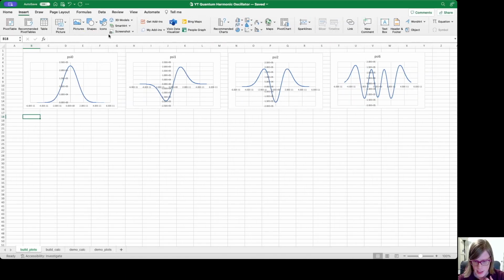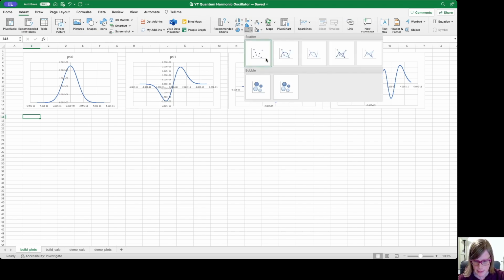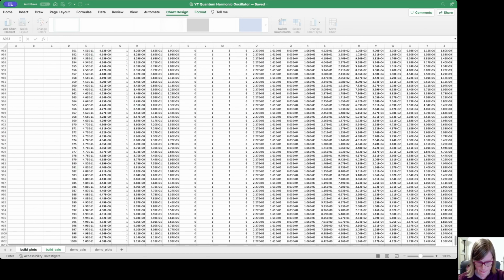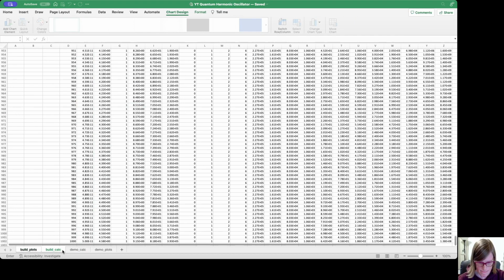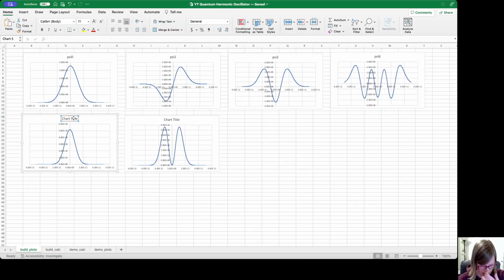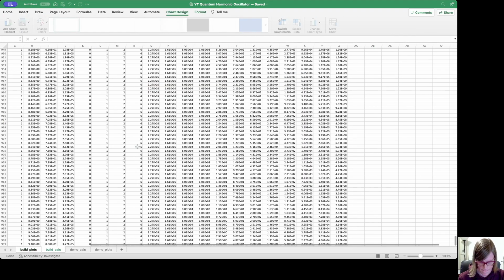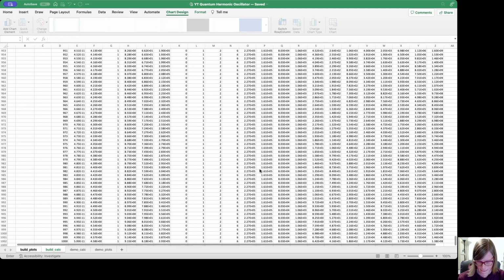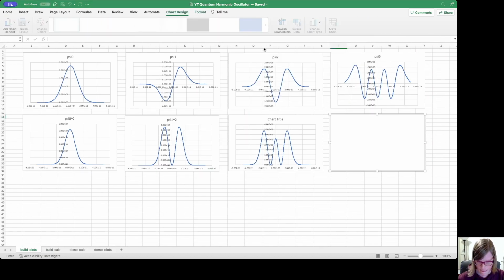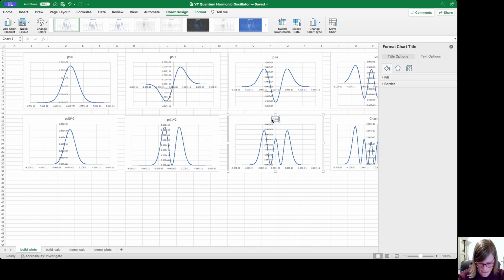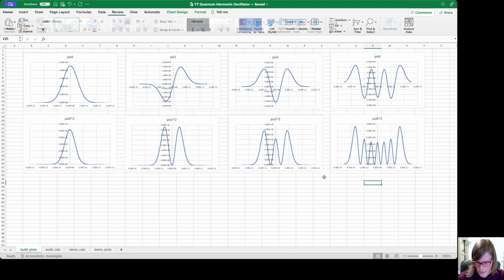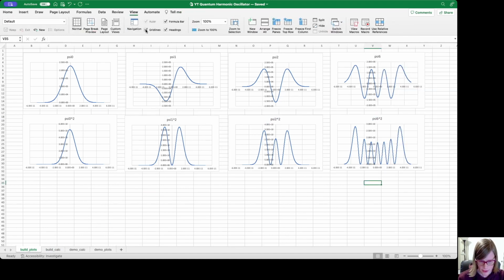I'll just proceed as before. And finally remove the grid lines.